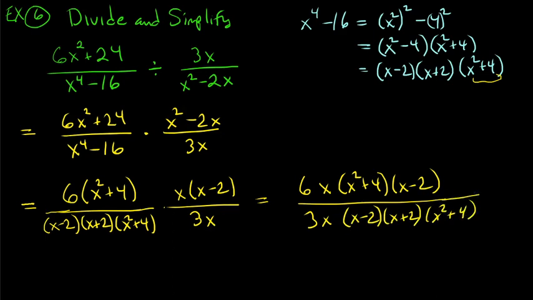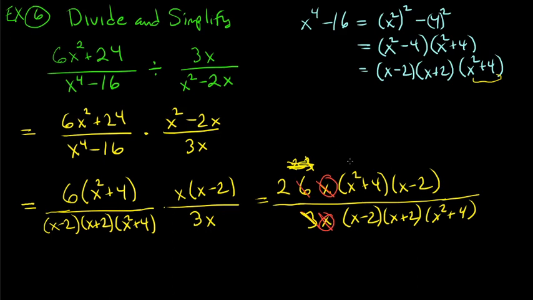I haven't been doing this, but it probably helps. So we can see we can cancel the x's. 6 divided by 3 is just 2, so this is just a 2 in the numerator. I mean, 6 is 2 times 3, and we cancel the 3's, leaving you with just the 2.